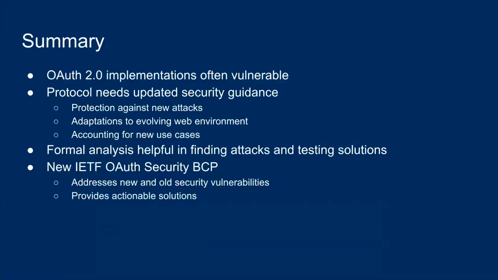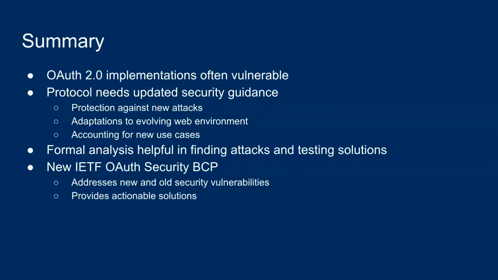To sum up, we have seen that OAuth implementations are often vulnerable. We have seen that in practice and in research. The OAuth protocol definitely needs an update regarding the security guidance to protect against new attacks, to protect it in high-stakes environments, and to adapt it to the evolving web environment itself.